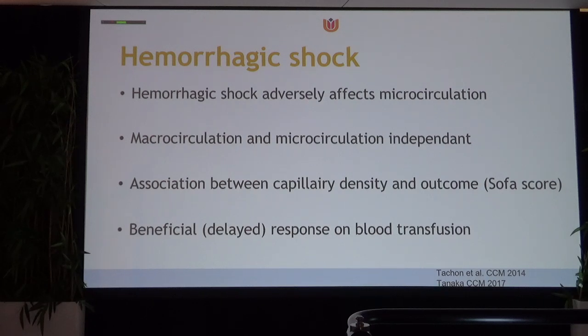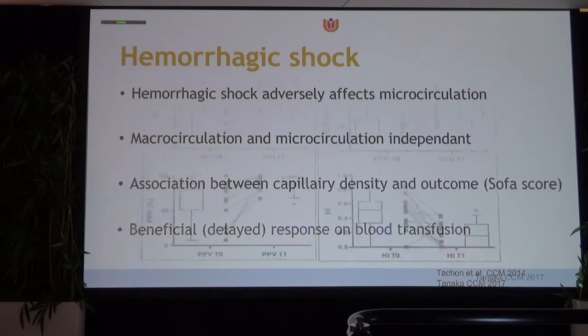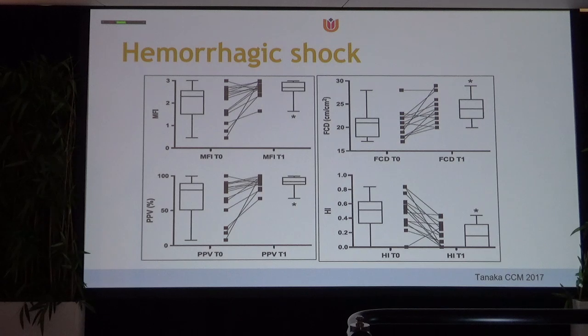We know there's an association between capillary density and outcome by means of the SOFA score, and we know there is a beneficial response of the microcirculation to blood transfusion if you are early enough. This is also shown by the study of Tanaka in Critical Care Medicine, and they show that the microvascular flow index and the functional capillary density really improve in patients with hemorrhagic shock when you transfuse blood. So this would also be interesting to look into in the OR setting.